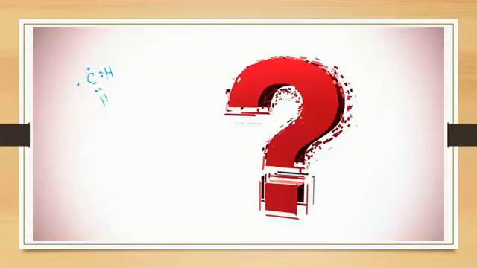Here the cross is the electron of hydrogen and the dot is the electron of the carbon atom. All the bonds are single bonds because in each bond there is only a pair of electrons, which comes equally from hydrogen and carbon.